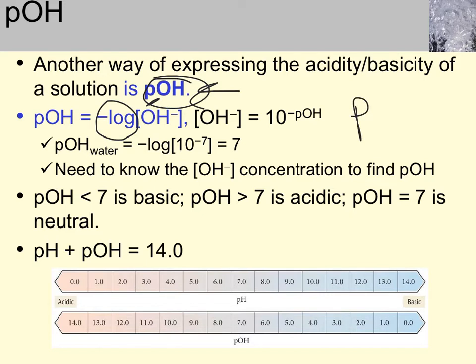So little p means minus log of whatever comes after it. And it's also important, do you remember how to get rid of a log base 10? You take 10 and raise it to the exponent of whatever. So we'll do a bunch of examples of these on the next few pages.